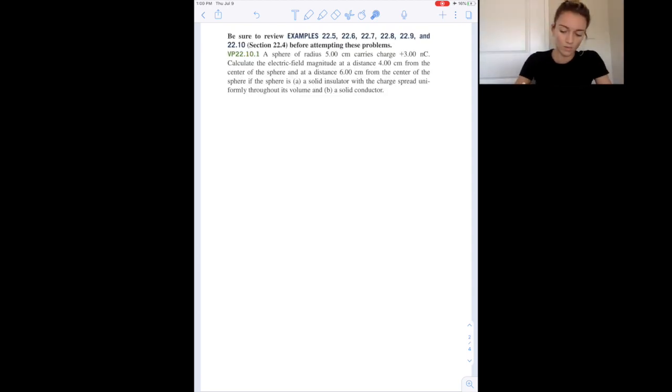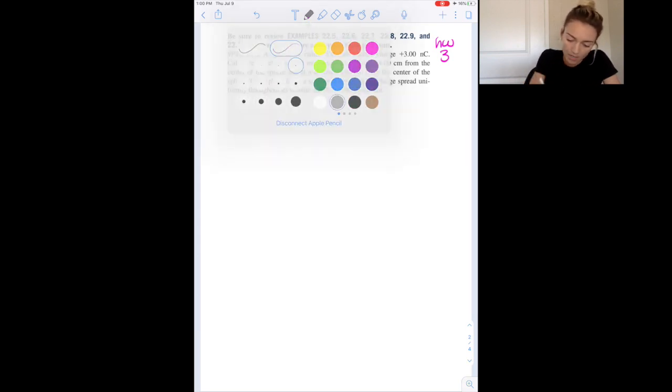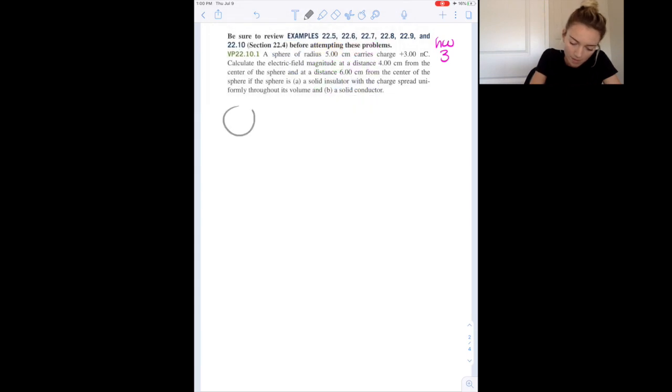Okay, so let's go over one of these homework problems. This homework problem was from homework 3, variational problem 22.10. So we have a sphere of radius 5 centimeters, so the radius is 0.05 meters, and it carries a charge of 3 nanocoulombs.